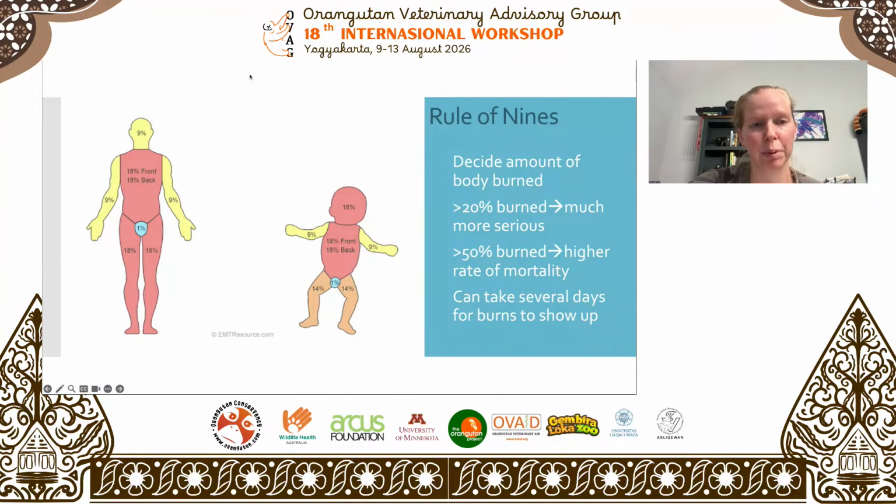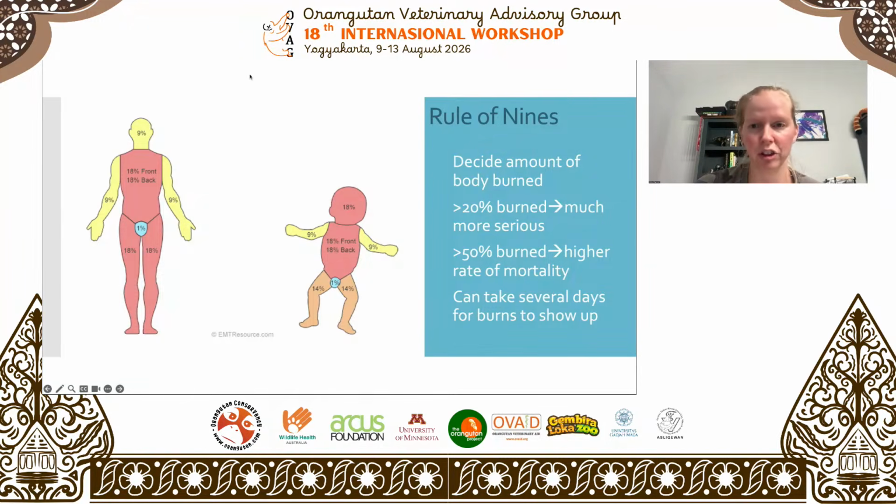Another important thing to note is that we should probably be looking at their body closely for the first 1 to 2 days, because they definitely can have burns that show up later, because the skin doesn't look completely burned with some chemicals, for example, until several days later. So it's just good to keep track of what's changing over time.